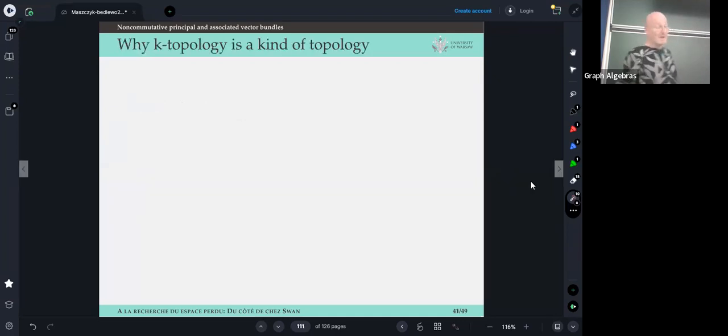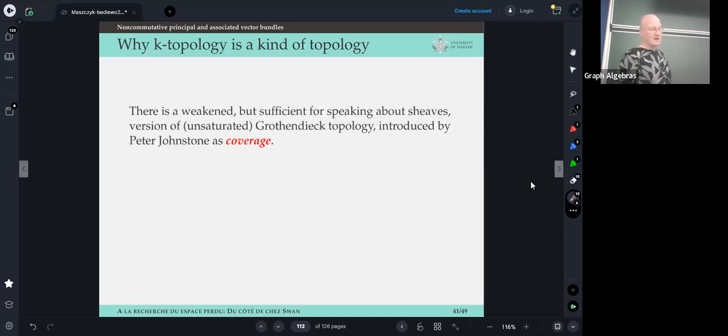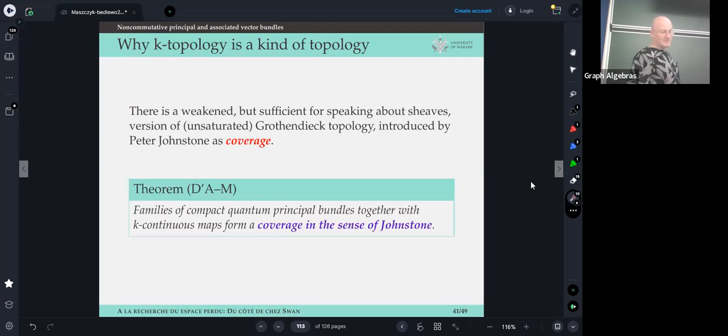Okay, but this makes sense also in this non-commutative situation. And this K topology, one could ask why I'm calling this topology at all.